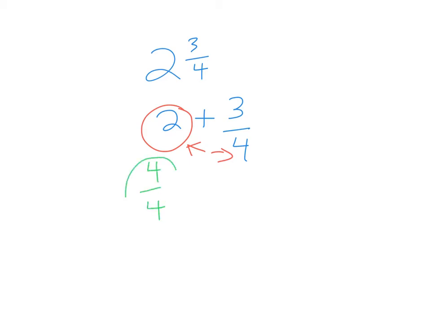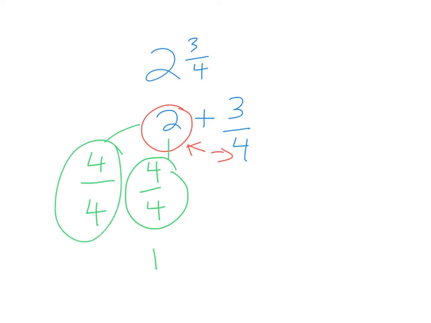And that is one whole right there. Now, since there's 2, it is 4 over 4 as well. So there's 2 wholes right there, 4 over 4 and 4 over 4 plus 3 over 4.